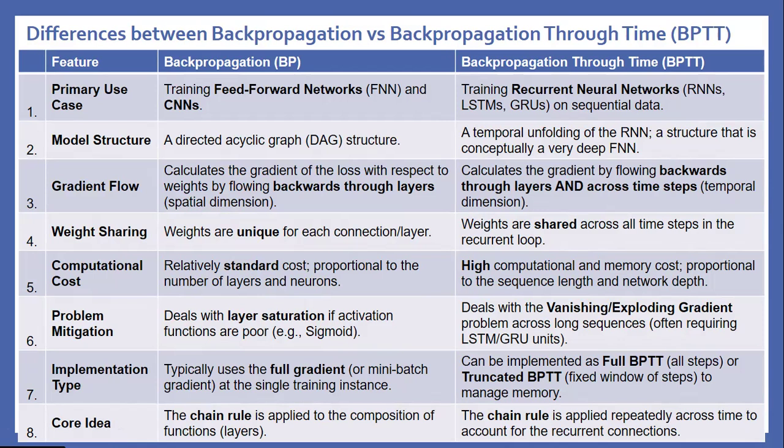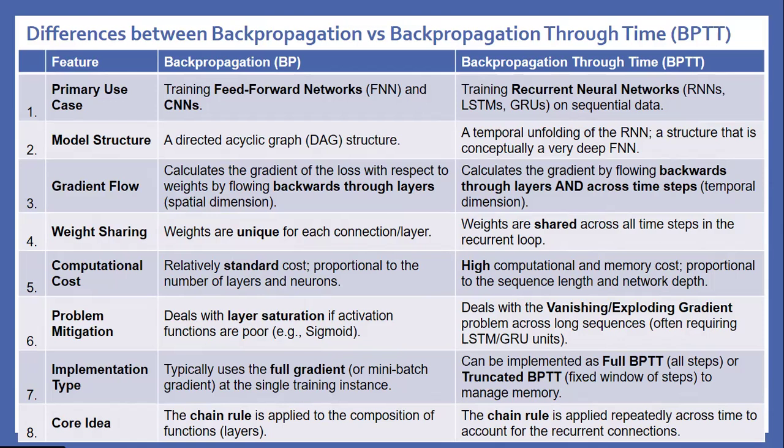In BPTT, weights are shared across all time steps in the recurrent neural network. Computational cost: backpropagation has a relatively standard cost proportional to the number of layers and neurons. In BPTT, high computational and memory cost proportional to the sequence length and network depth.